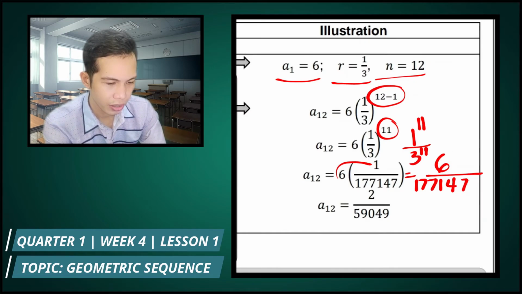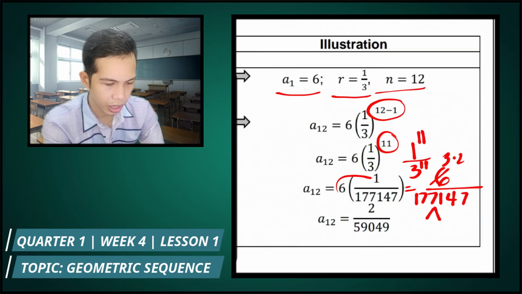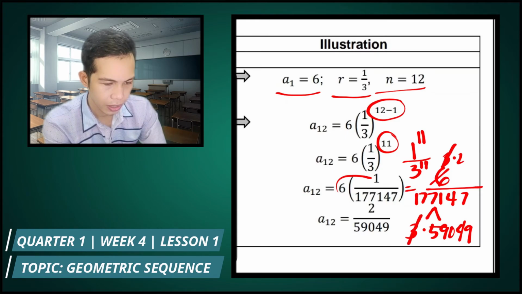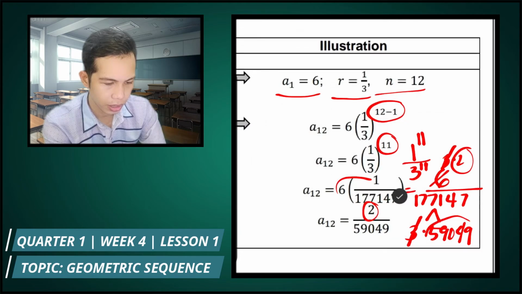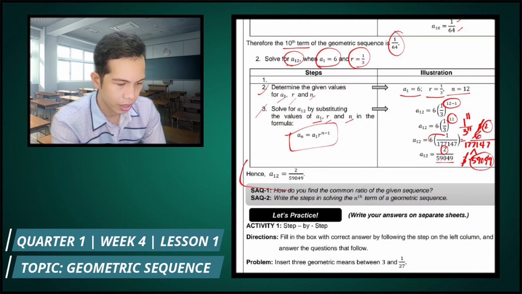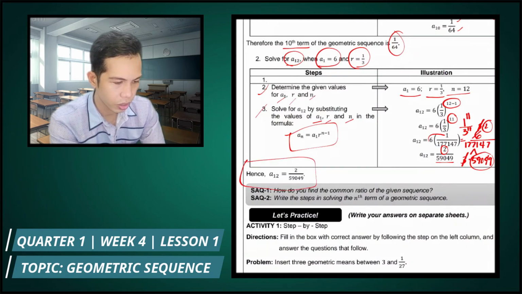Next, simplify, where 6 is a factor of 3 and 2. And the denominator can be factored by 3 times 59,049. So by dividing by 3, you will have 2 over 59,049. Hence, our a sub 12 is equivalent to 2 over 59,049.